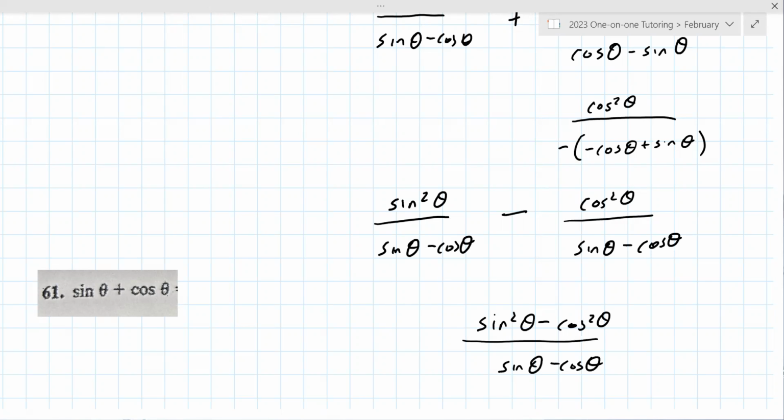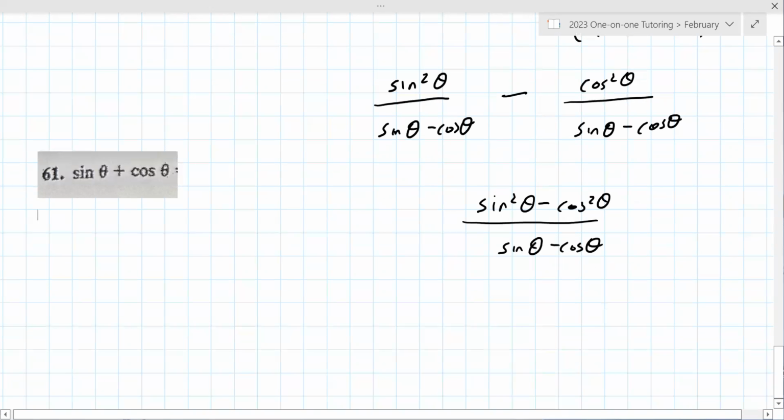So it's sine squared. Yeah, you do the same type of splitting everything apart. What do you mean by split apart? Give me more explanation on that.